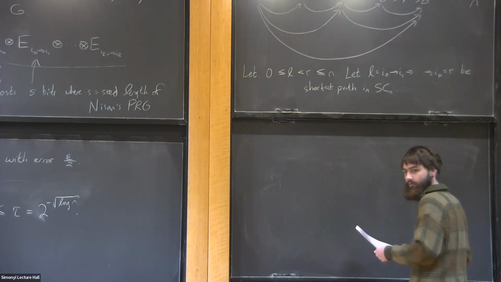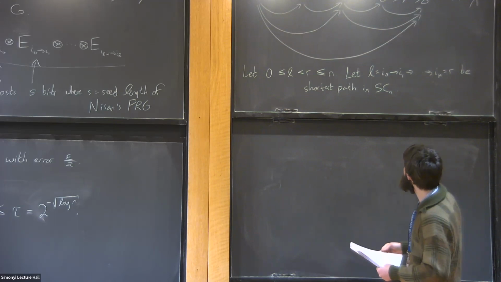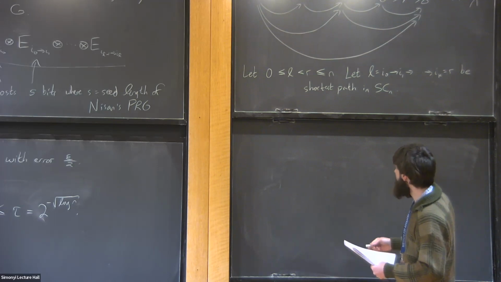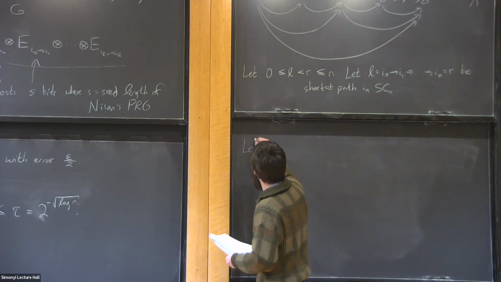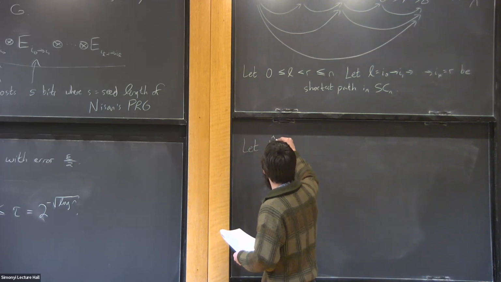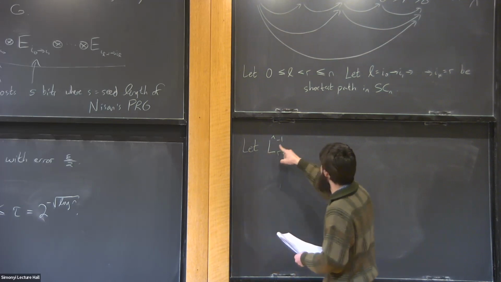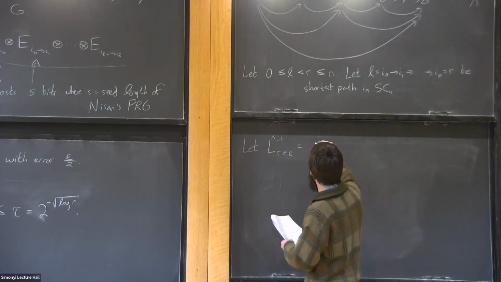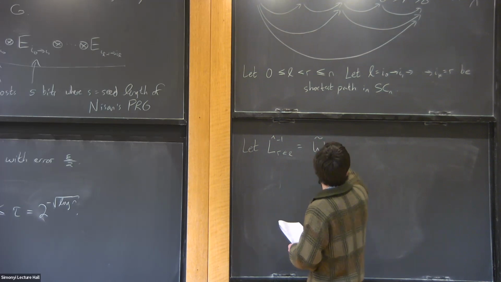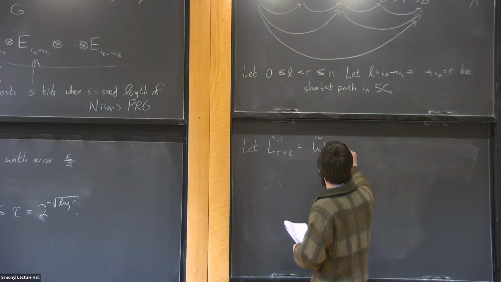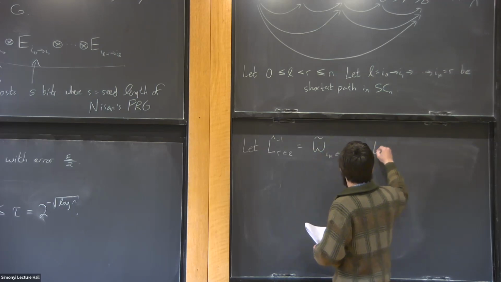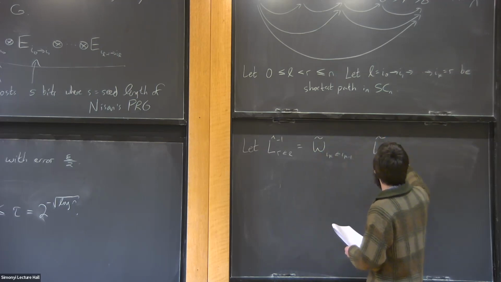So we're going to let the R from L block of this matrix L hat inverse be the product W tilde IK from I(K-1), and so on, down to W tilde I1 from I0.